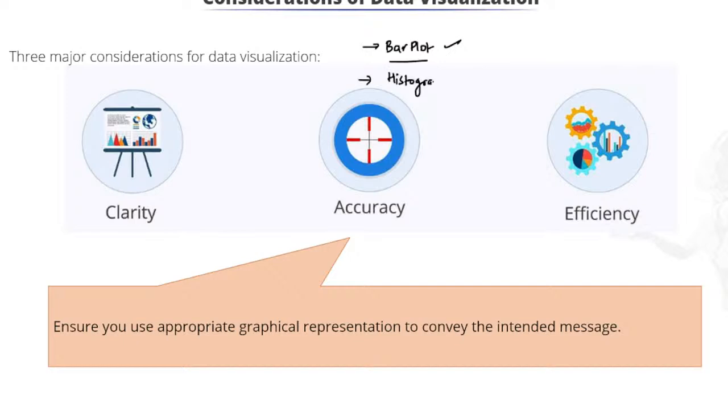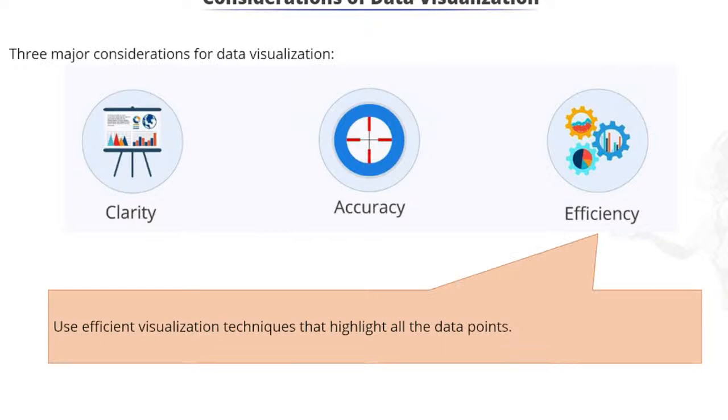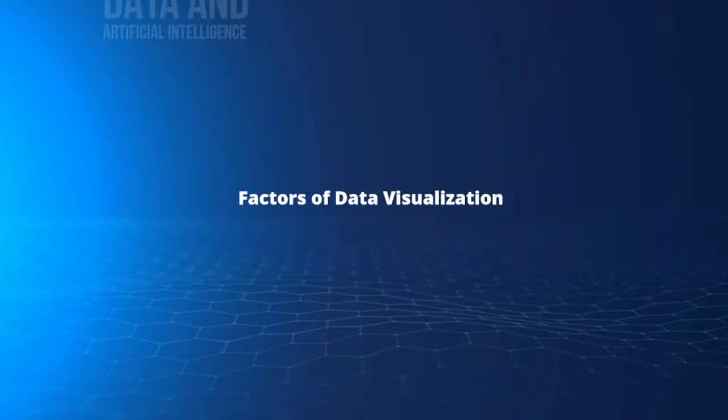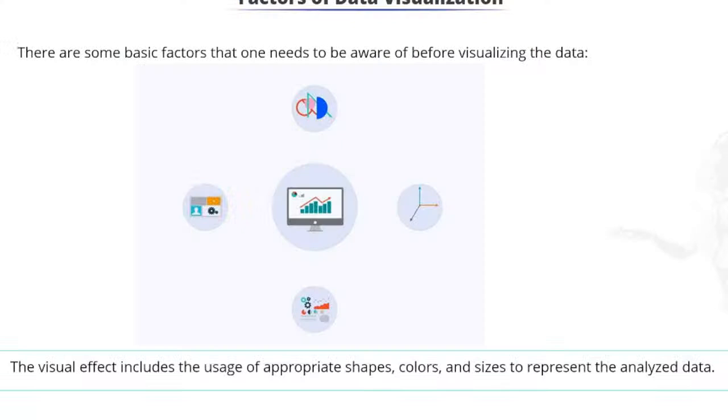Then we will have a data set which could be explained with the help of histograms. Then the third part is efficiency. We use efficient visualization techniques that highlight all the data points. So that comes under your efficiency section. Factors of the data visualization.